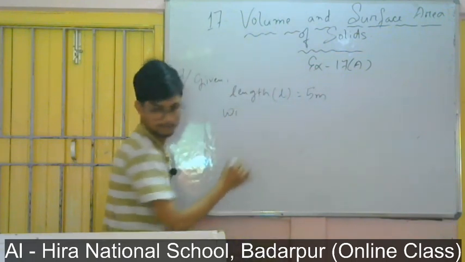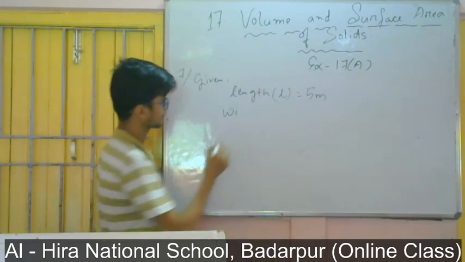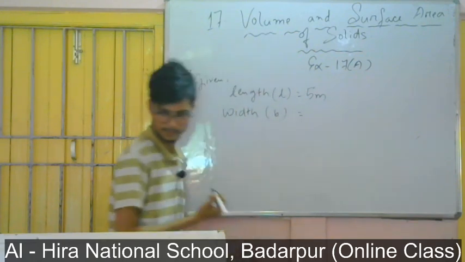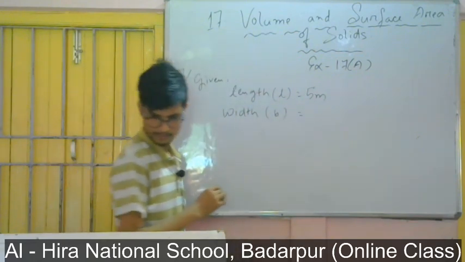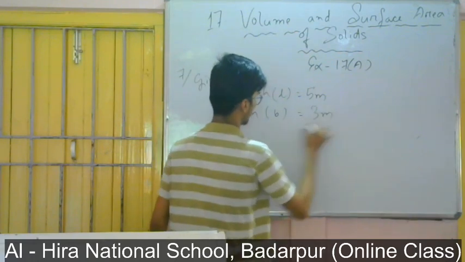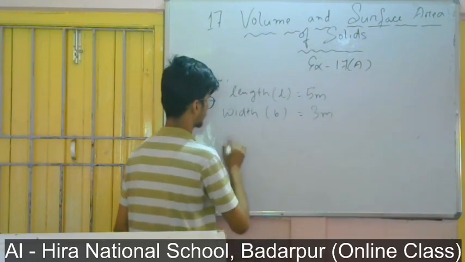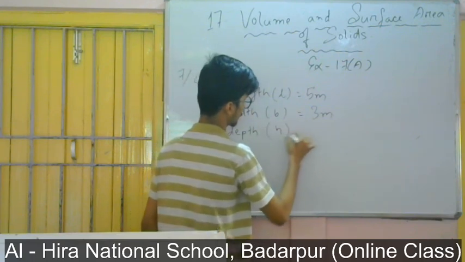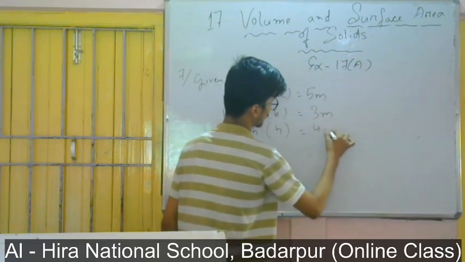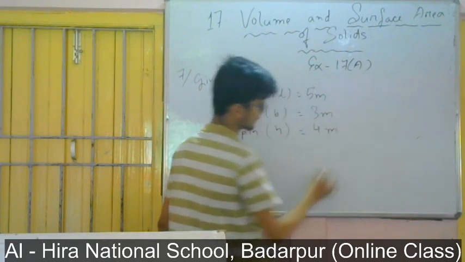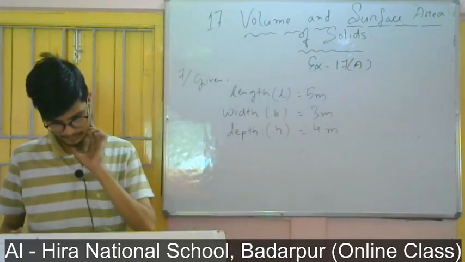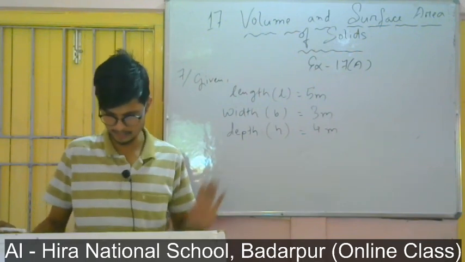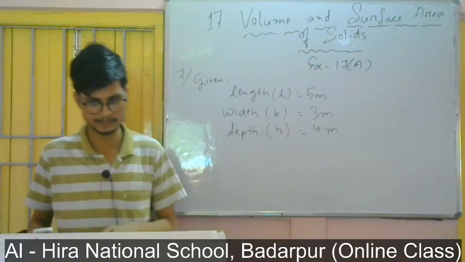They are wide written, so you write width. This one will give as B. It is given as 3 meter, and deep, that means depth. Depth, you give it as H, which is given 4 meter. Here depth given, it means the height, you write depth H equals to 4 meter. What is there in the question, you try to write in that way.